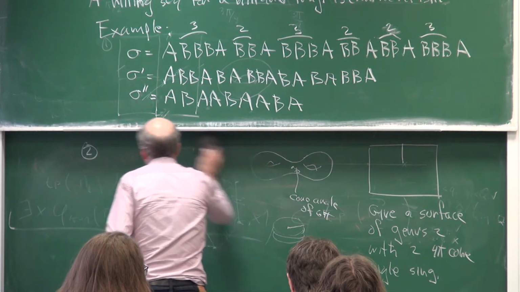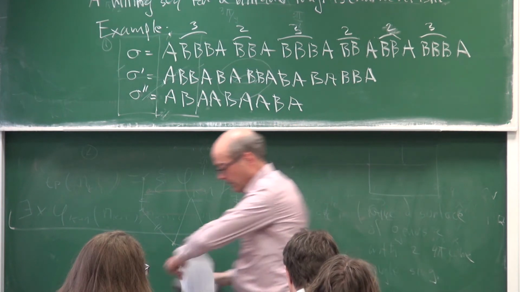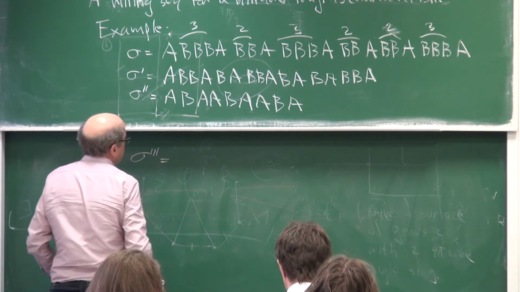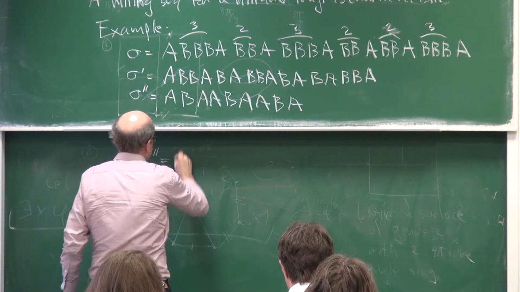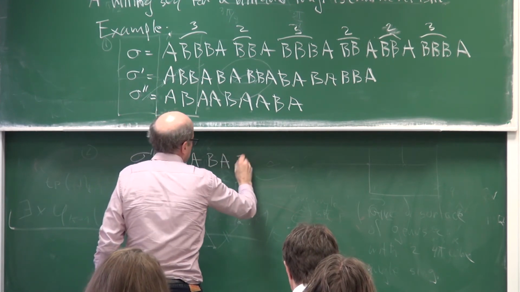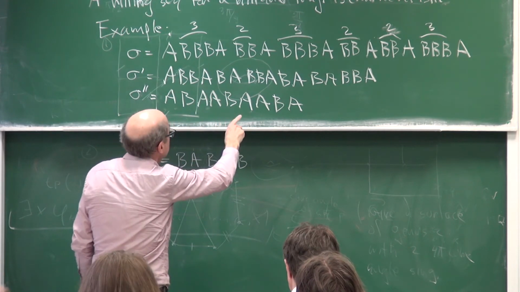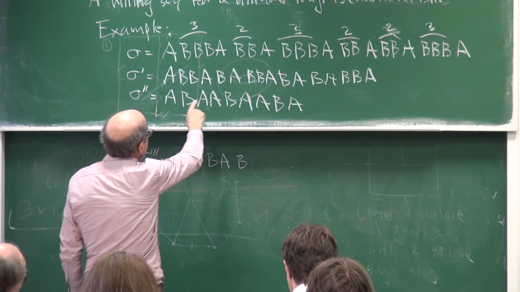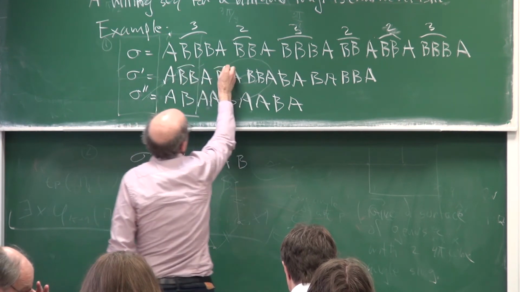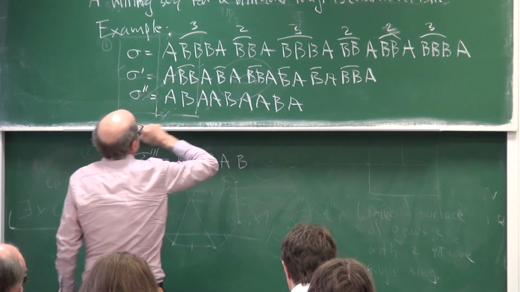If we derive one more time, here we've got, say, a B, an A, an A, and a B. So 2, 1, 2, 1, 1, 2.